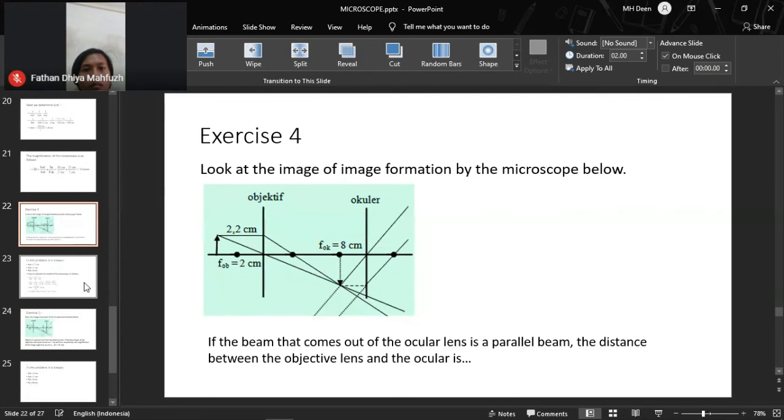Exercise 4. Look at the image formation by the microscope below. If the beam that comes out of the ocular lens is a parallel beam, the distance between the objective lens and the ocular is. Next.